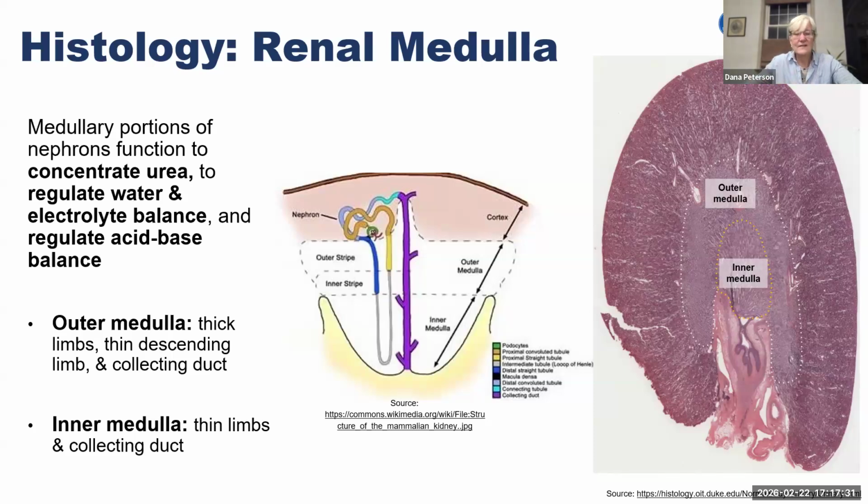Absolutely. So the collecting duct is a structure. It is actually the only structure that traverses the entire length of a kidney. So you can find it all the way out here in the cortex, and then it actually goes all the way down through the outer medulla to the inner medulla and then into this area.